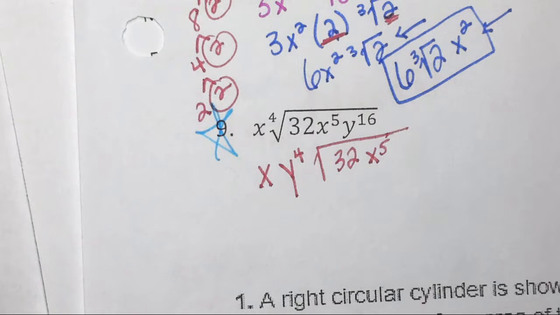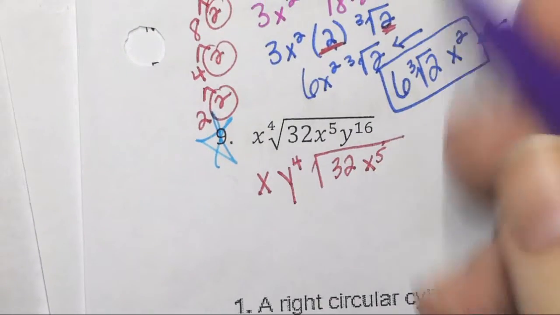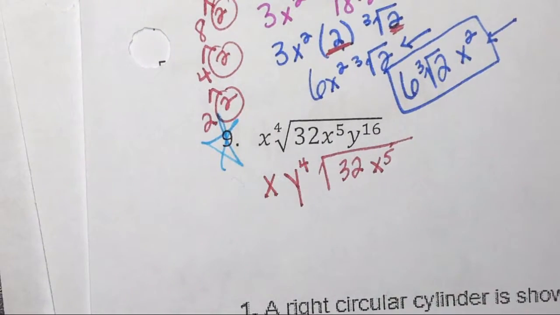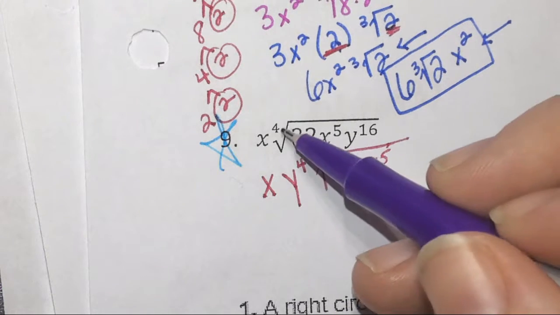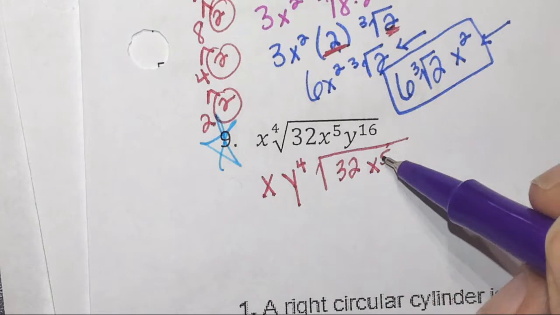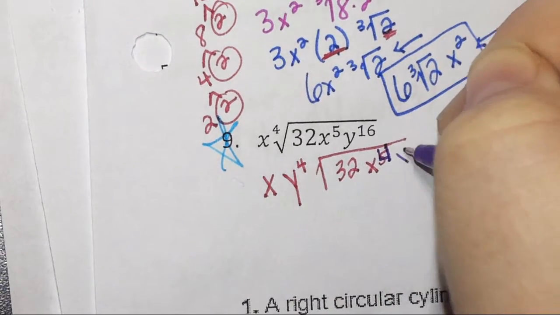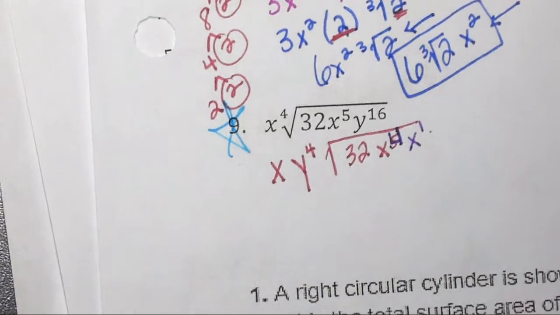So in the past, or even with squares, we've done this before. I would say what number is divisible by 4 that's a little lower than 5, and I would make this x to the 4th x to the 1, because x to the 4 plus 1 is x to the 5.